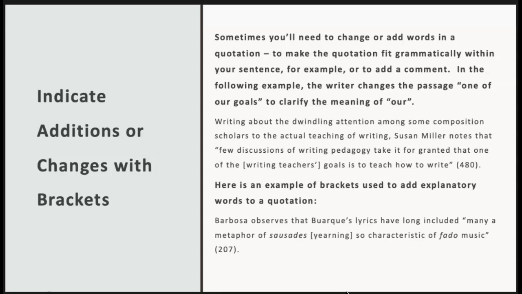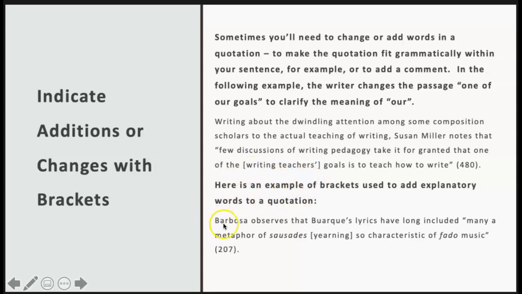Close the parentheses, period at the end. We've already had Miller, so we know who said this, and the page it can be found on is 480. So instead of "our goals," this writer identifies who "our" was referring to by adding in that information in brackets.